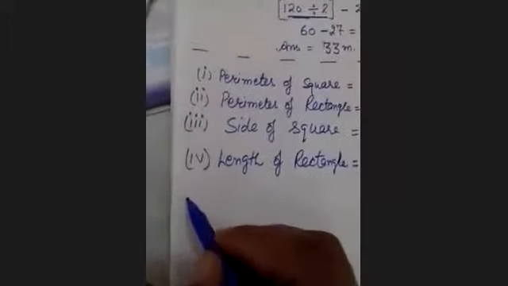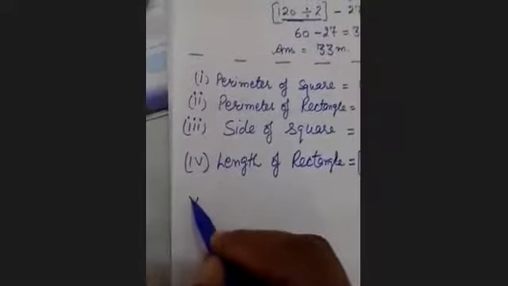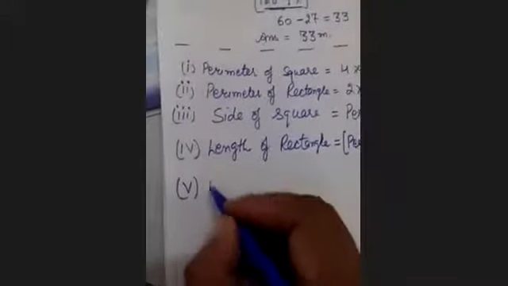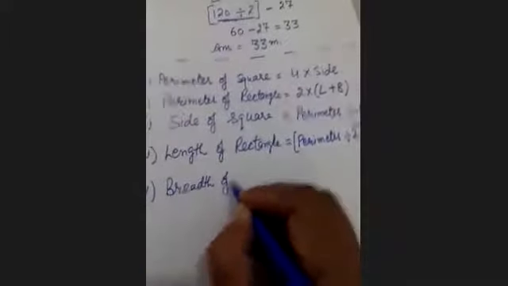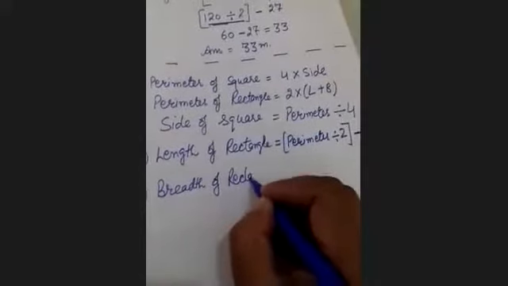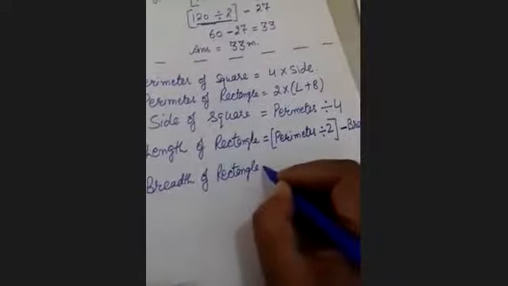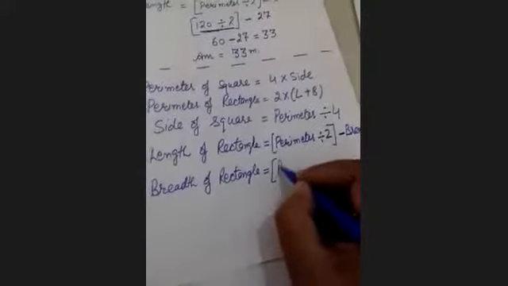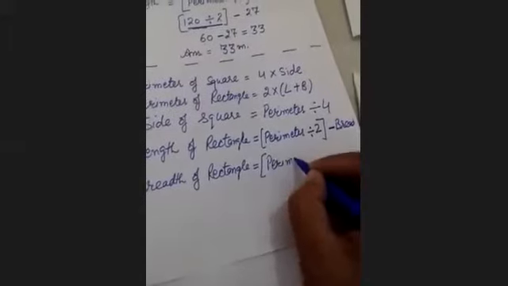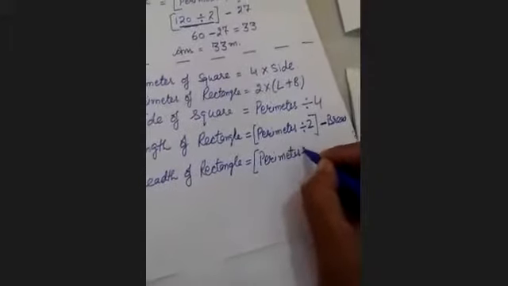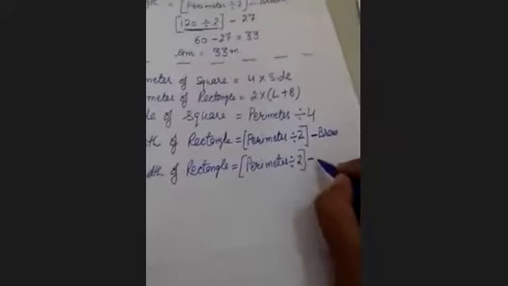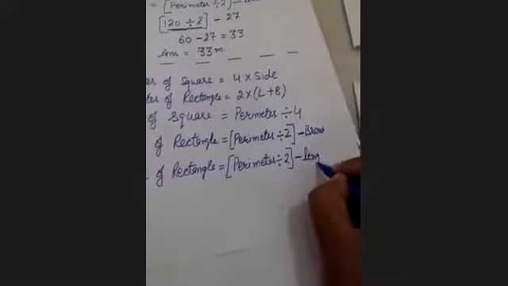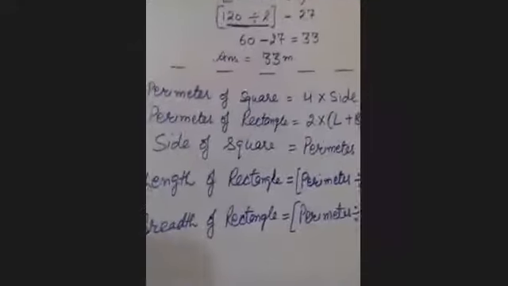Last point is breadth of rectangle is perimeter divided by 2 minus length. So this is the whole summary of this topic.